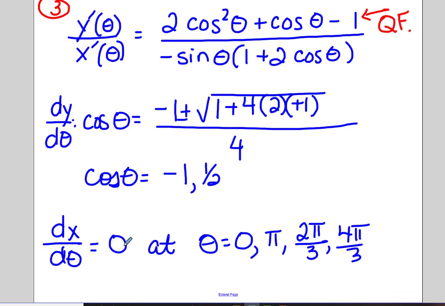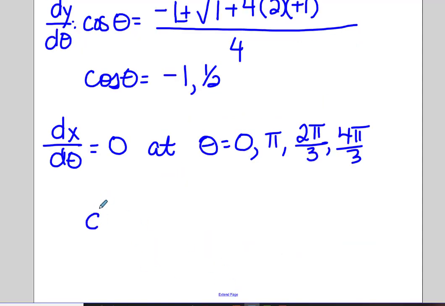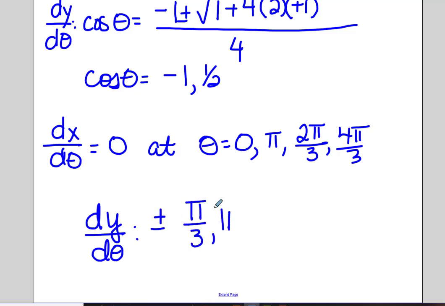So we want where dy d theta is 0, at either plus or minus pi over 3 or pi.